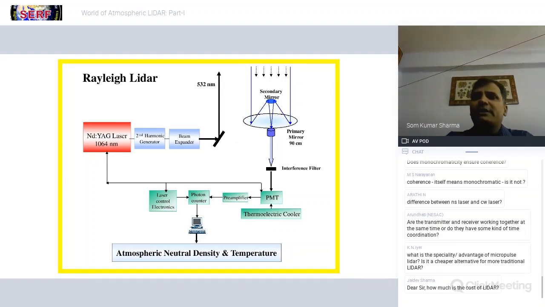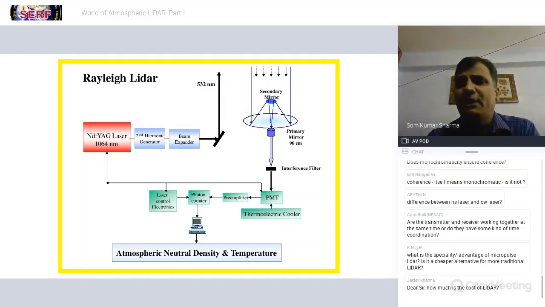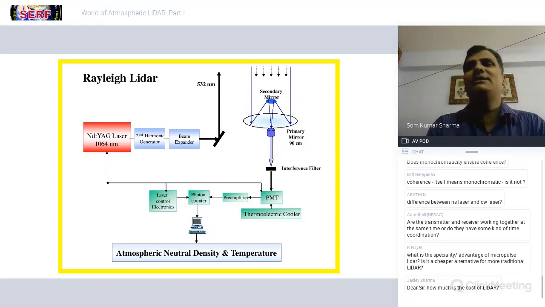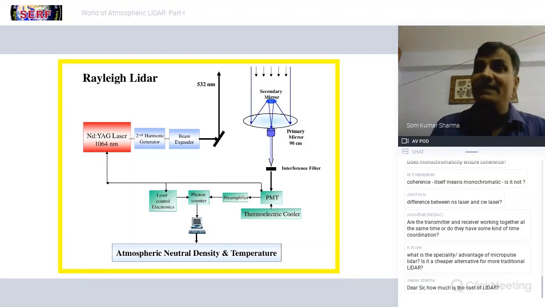Here, I would like to say a little about why the beam expander is used. Laser is a unique source of light and it has various properties. One more property is that if you increase the beam waist, meaning the thickness of the laser beam, then the divergence decreases.